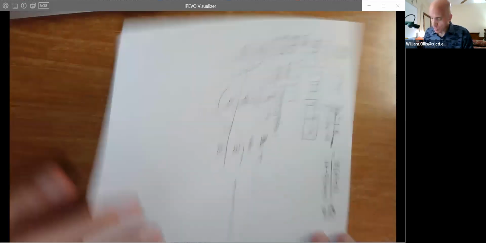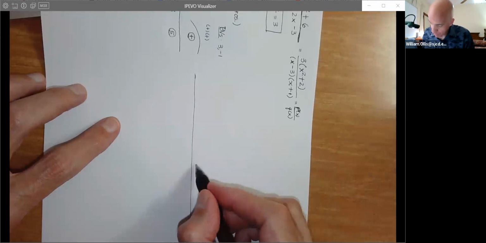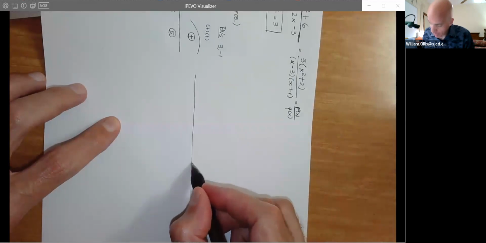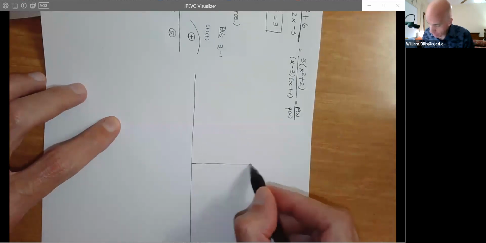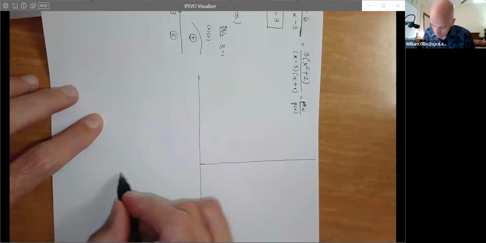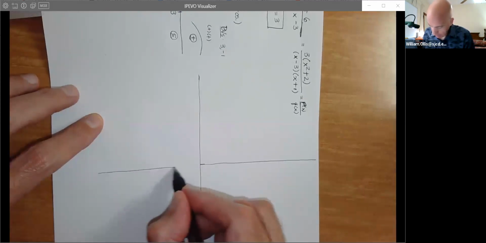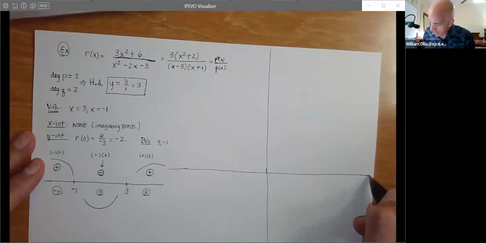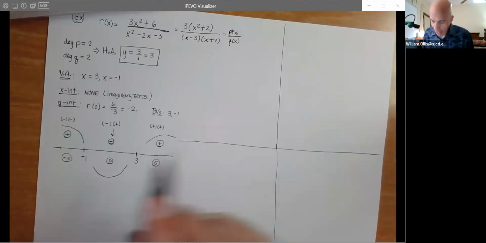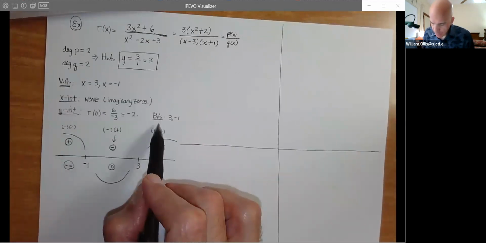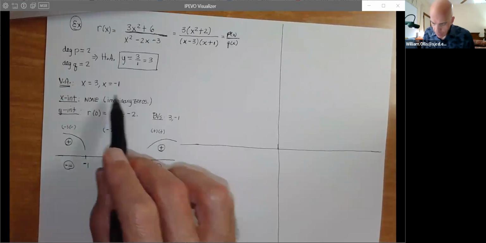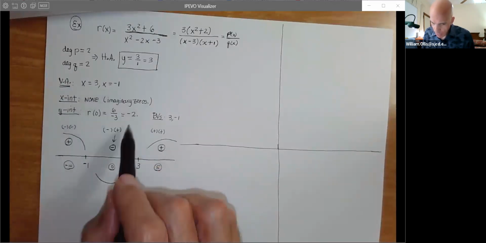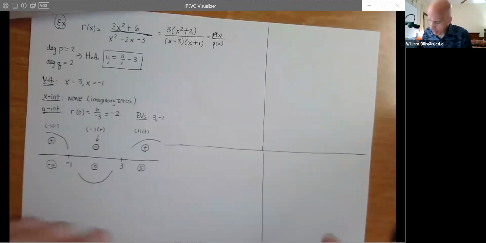Now, of course, when you're doing the WebAssign, in a lot of cases, you'll just pick from a graph, but go ahead and do the sketch yourself. Notice we have, in this case, 3 and -1, and then we have a -2. So we can spread this out a little bit.